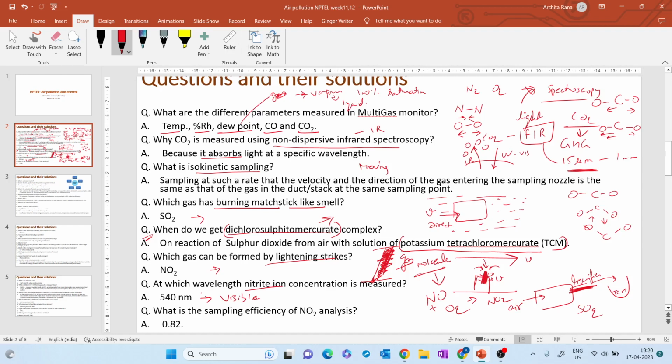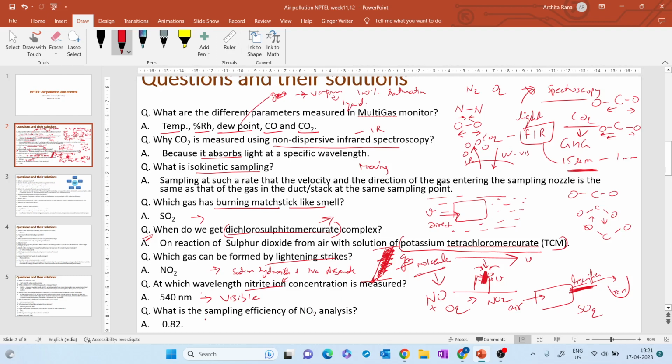Okay, so NO2 dissolves in, I think, sodium hydroxide and sodium arsenate, and then gives nitrite. Now the next question, which I took from an equation.